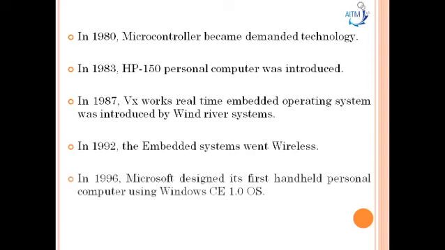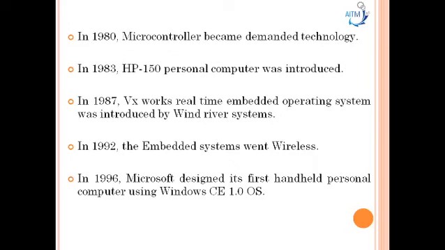Then in the year 1992, embedded systems went wireless. In this year, 10 million mobile phones were manufactured using embedded systems for controlling their functioning. In 1996, Microsoft entered the embedded market and designed its handheld personal computer using the Windows CE 1.0 operating system.